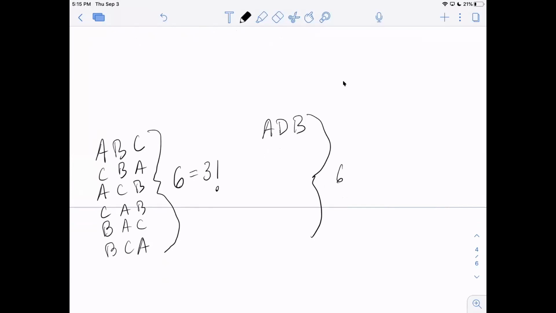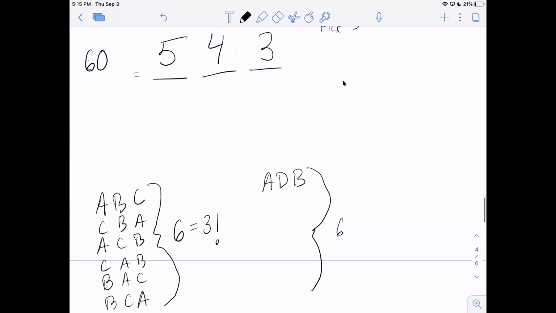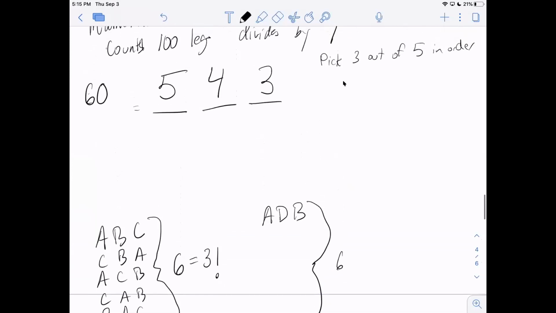So if we're interested in ways to pick 3 friends, but we don't care about how they're ordered, we overcount first. The numerator is like counting the total number of legs, and the denominator is 3 times 2 times 1, which represents the number of ways to rearrange a group of 3.